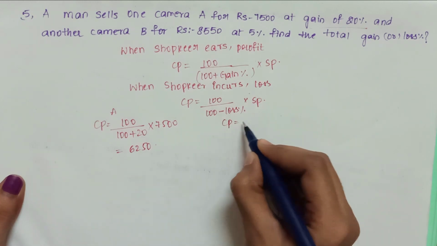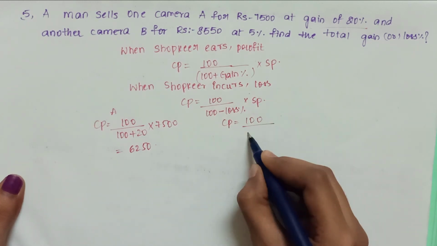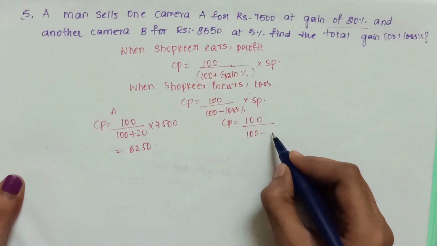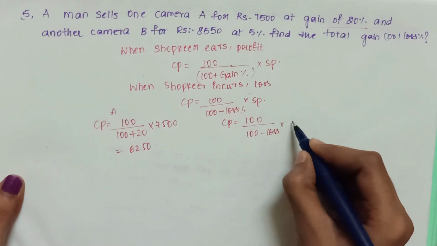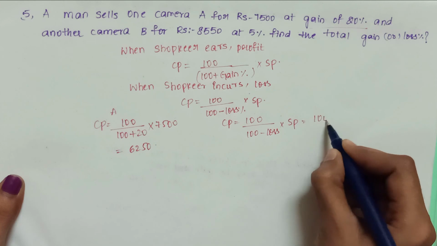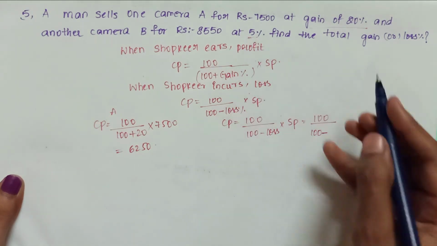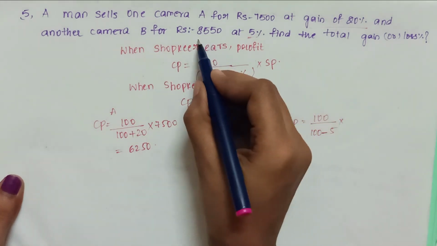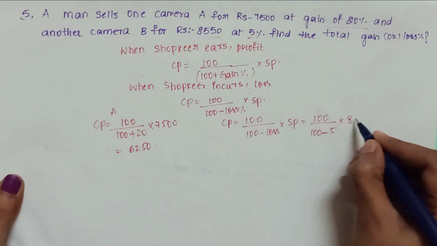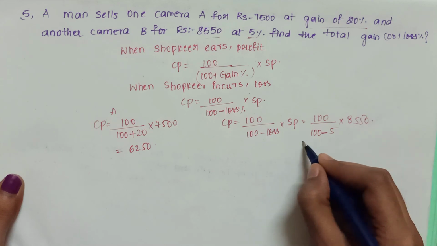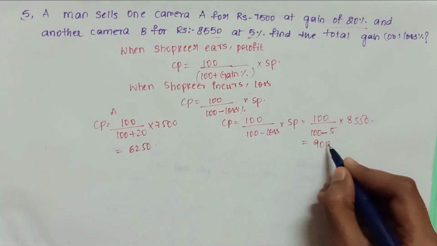Now CP is equal to 100 by 100 minus loss into SP. That means 100 by 100 minus loss, which is 5%, for SP 8,550. If we calculate, we'll get 9,000.